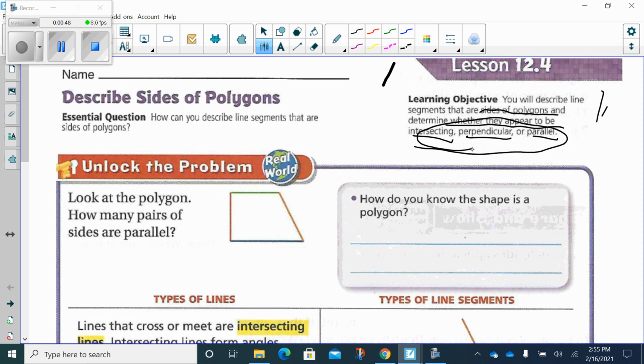Okay, so let's go over here. Unlock the problem. Look at the polygon. How many pairs of sides are parallel? Well, how do you know the shape is a polygon first? Well, it's closed. What else? It has straight sides, straight line segments.